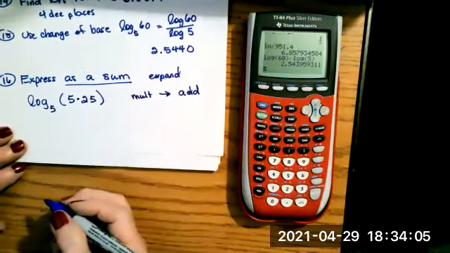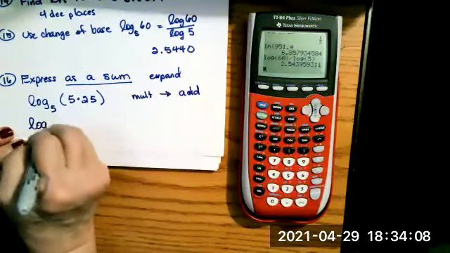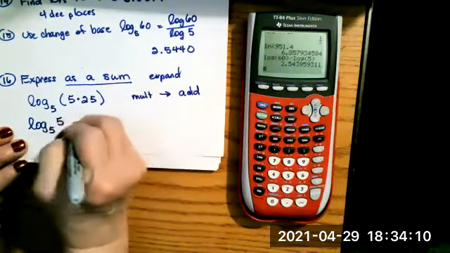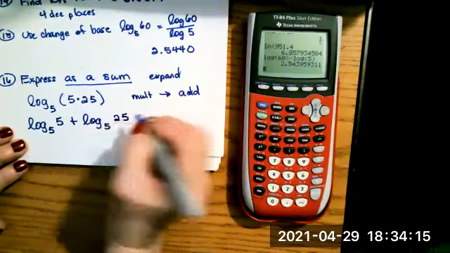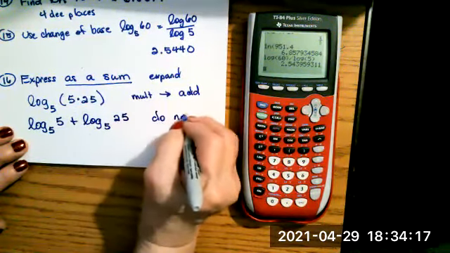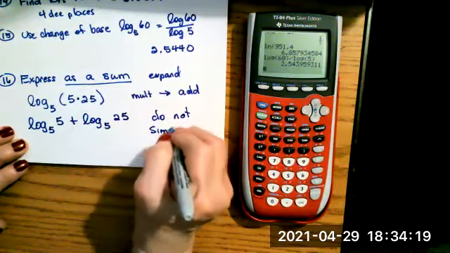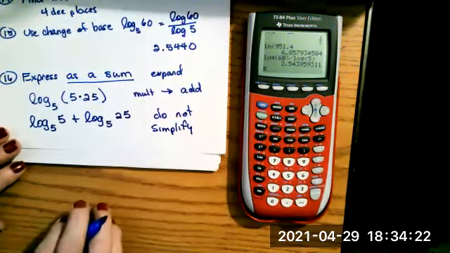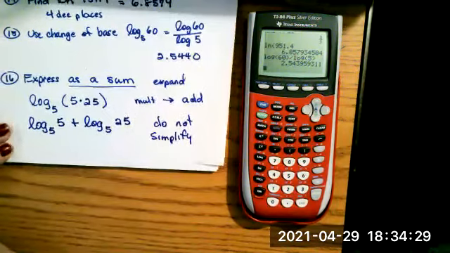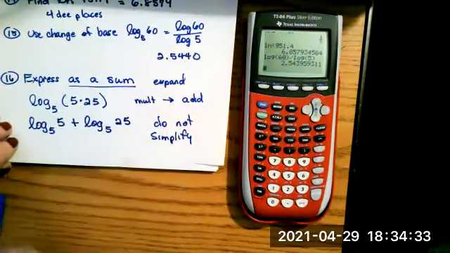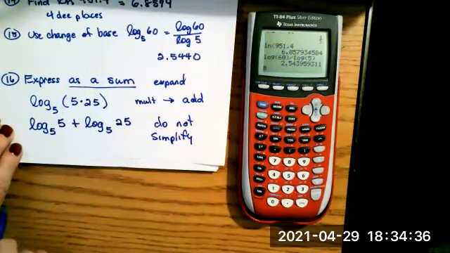So it's going to be log base 5 of 5 plus log base 5 of 25. And you do not simplify. This one does not want you to simplify. They want you to write it just like that, because this will simplify and so will that. You'll end up with a number. So you don't want to do that. You want to write it as a sum, just like that. Any questions?